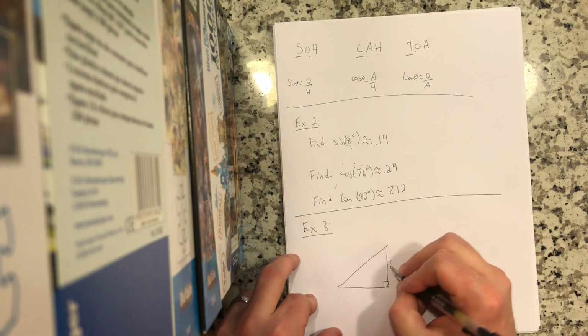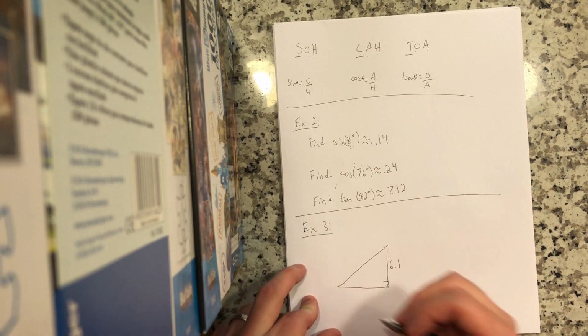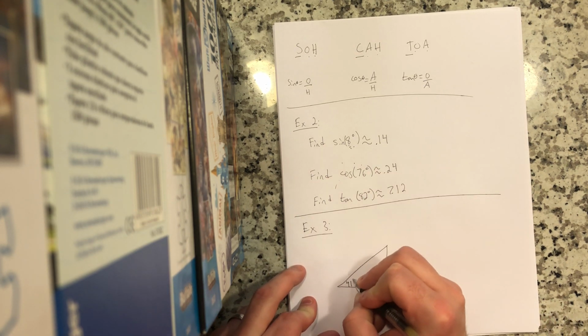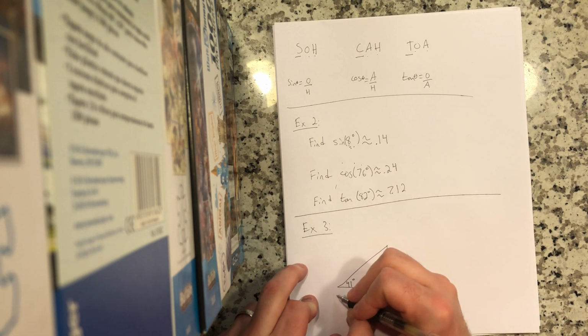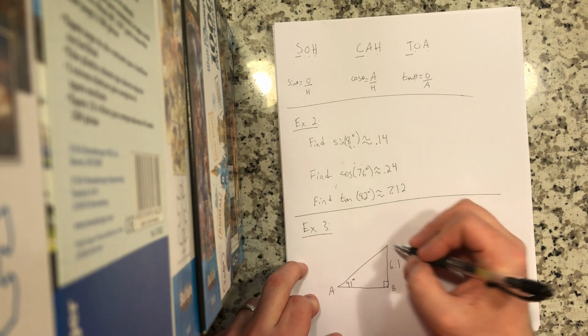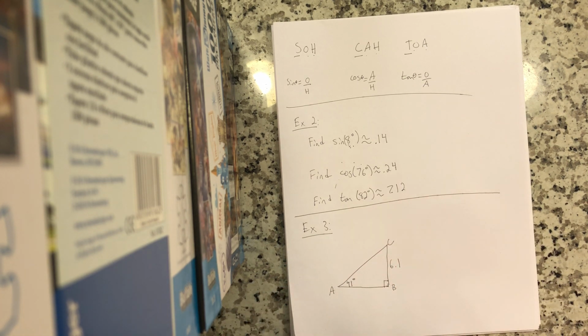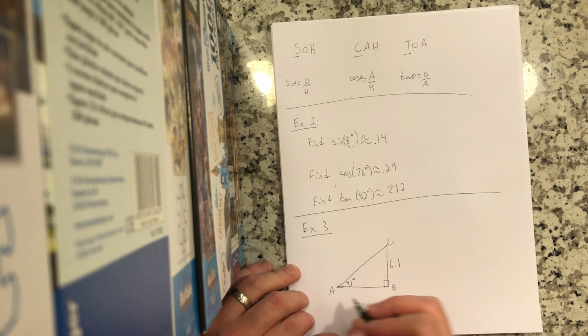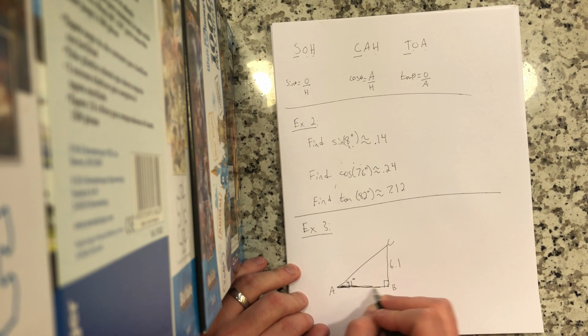I've got 6.1 here, and down here I have 41 degrees. This here is A, this is B, this is C. We want to figure out what the length of AB is. So we're looking for the length of this side down here.